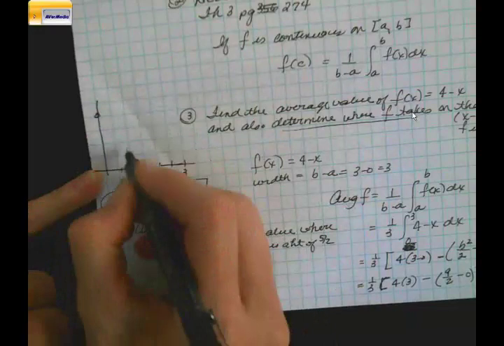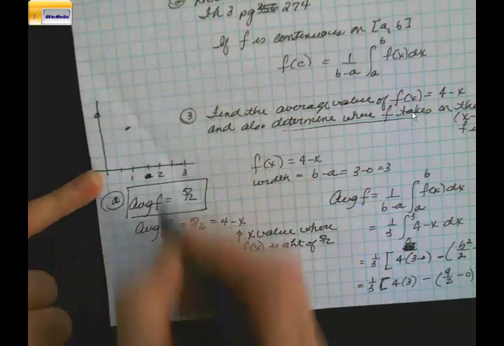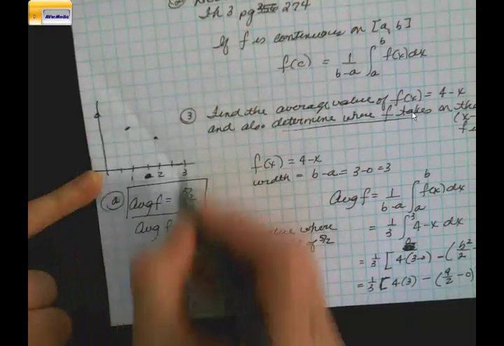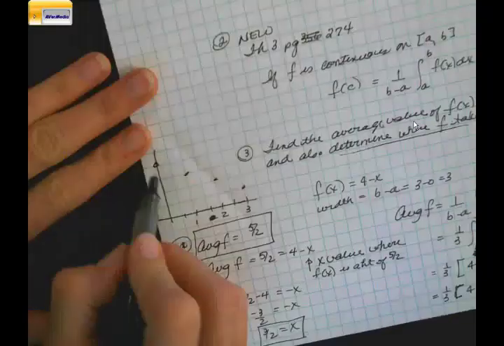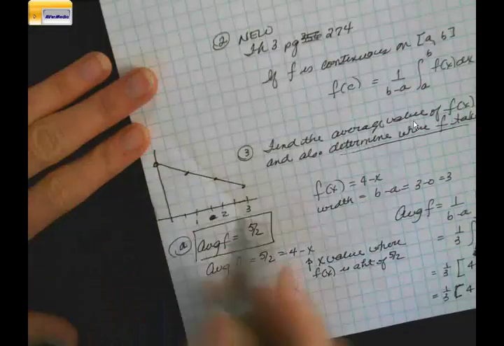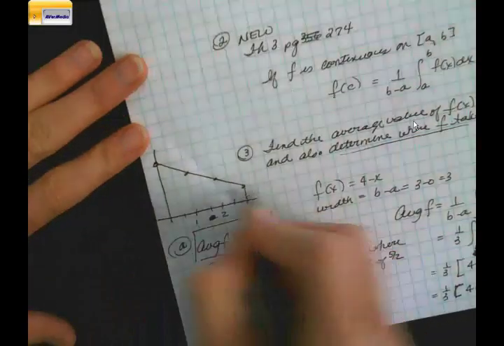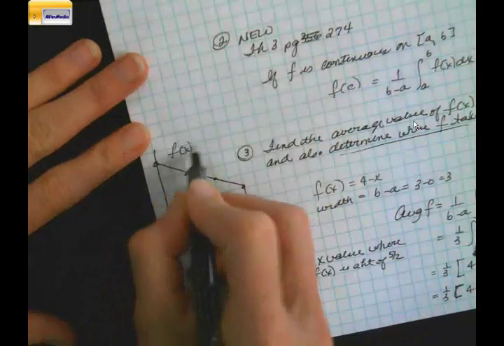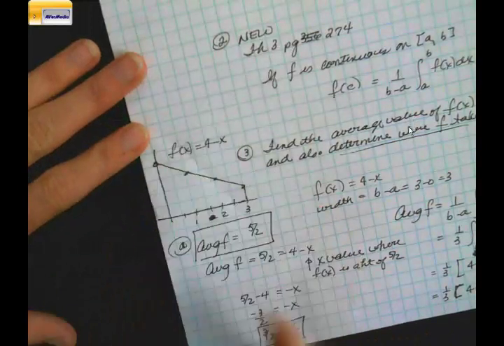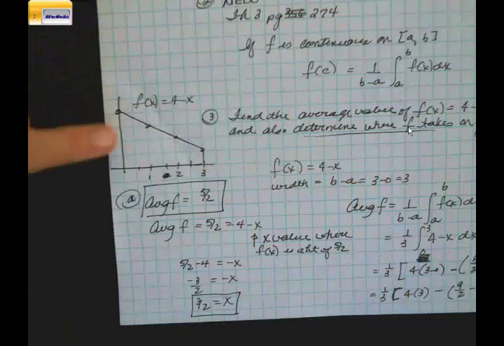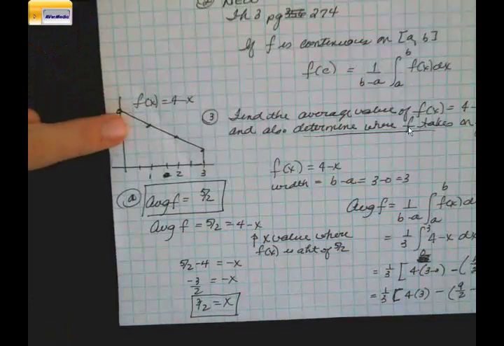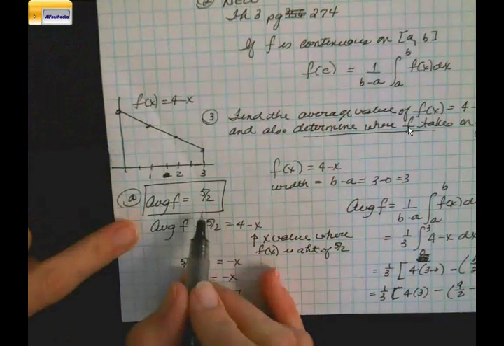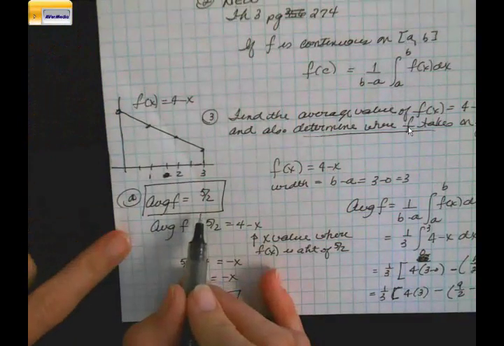At 1, you're at a height of 3. At 2, you're at a height of 2, and at 3, you're at a height of 1. This is your graph, because it's just a linear graph. This is your f of x equaling 4 minus x. So we're saying the average height of this graph between 0 and 3 is occurring at 5/2, which is 2.5.